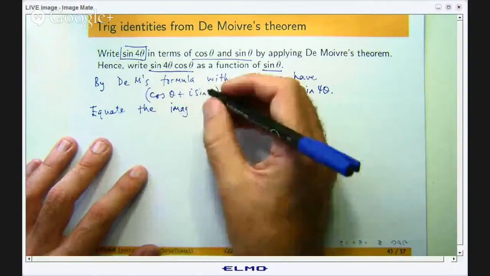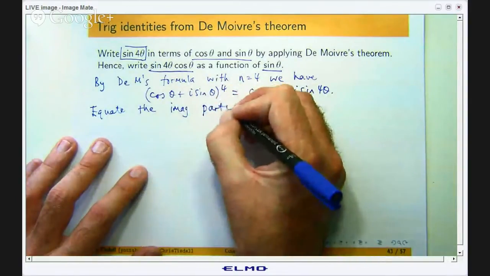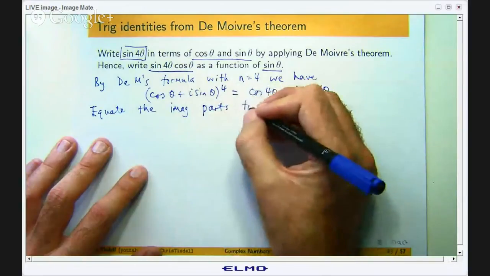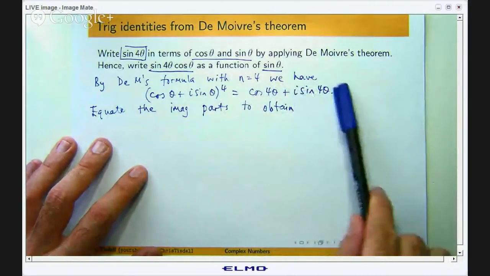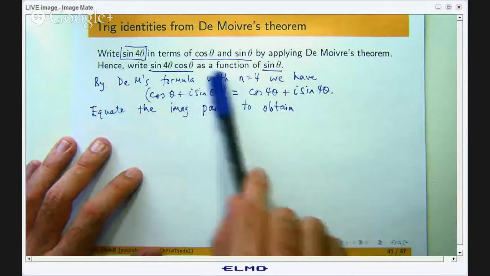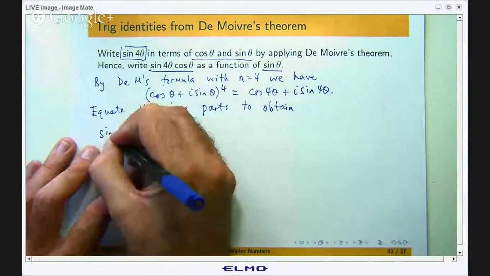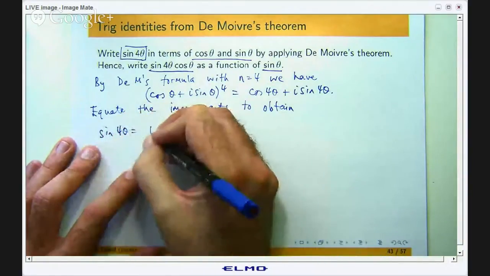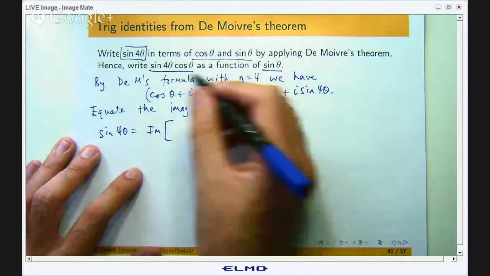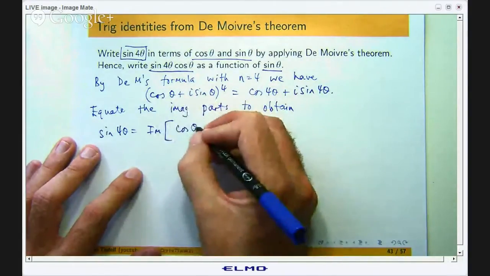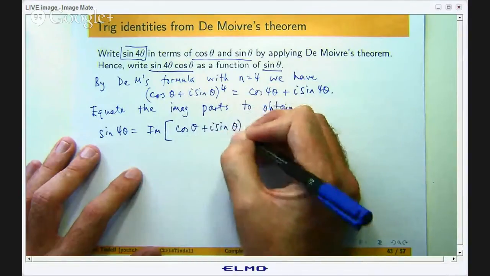They're basically the coefficients of i. Okay, so sine 4 theta will equal the imaginary part of whatever that is. So for imaginary part, I'm going to put Im. So we don't know what it is, but we will work it out. And once we've worked it out, we'll have our identity.